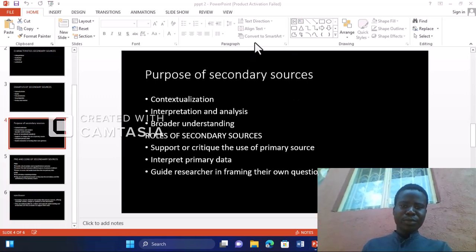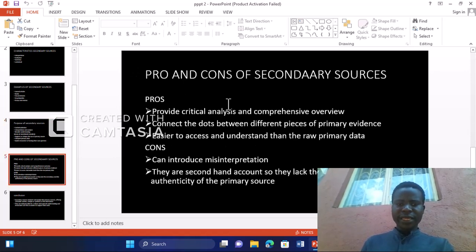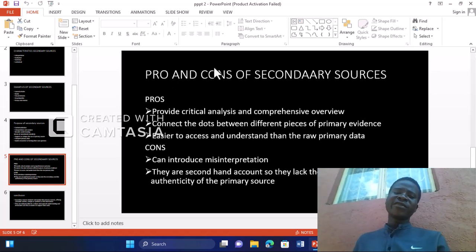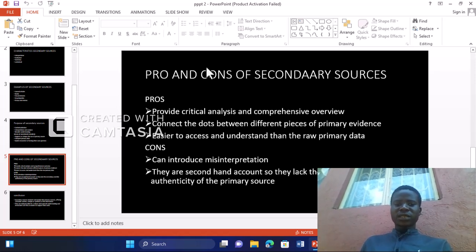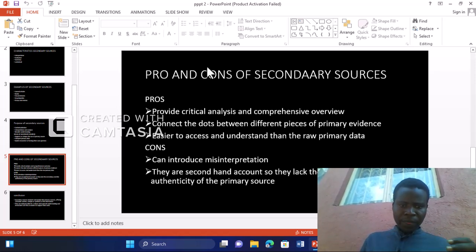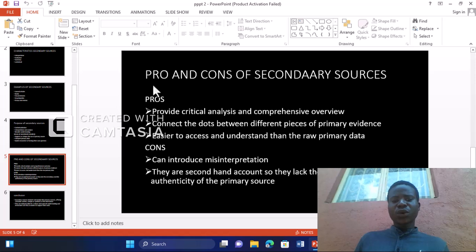Let's go and see the pros and cons of secondary sources. We are comparing, the pro meaning advantage. The pros of secondary sources are that they provide critical analysis and a comprehensive overview, connect the dots between different pieces of primary evidence, and are easier to access and understand than the raw primary data.